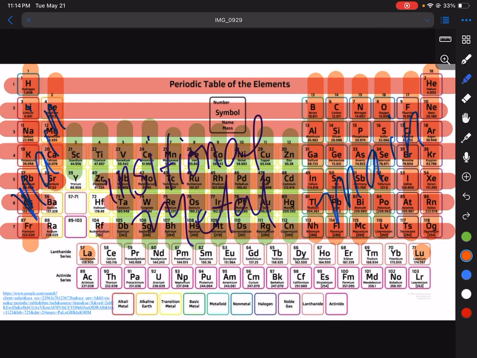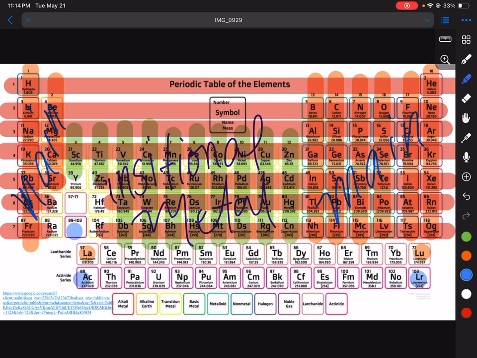So the first horizontal line should have been in the place of that box. And the second one, which starts from 89 and finishes at 103, if you're looking at that box, you're going to see it's 89 to 103, which means the second horizontal line should have been there.